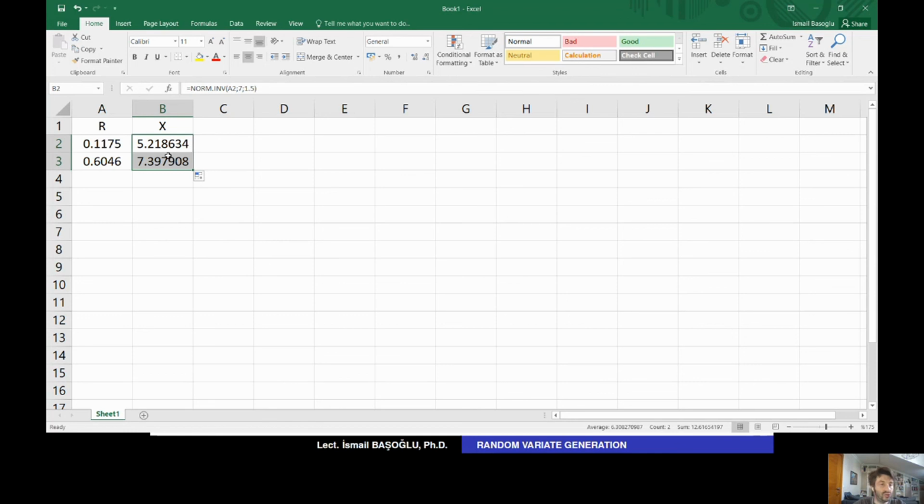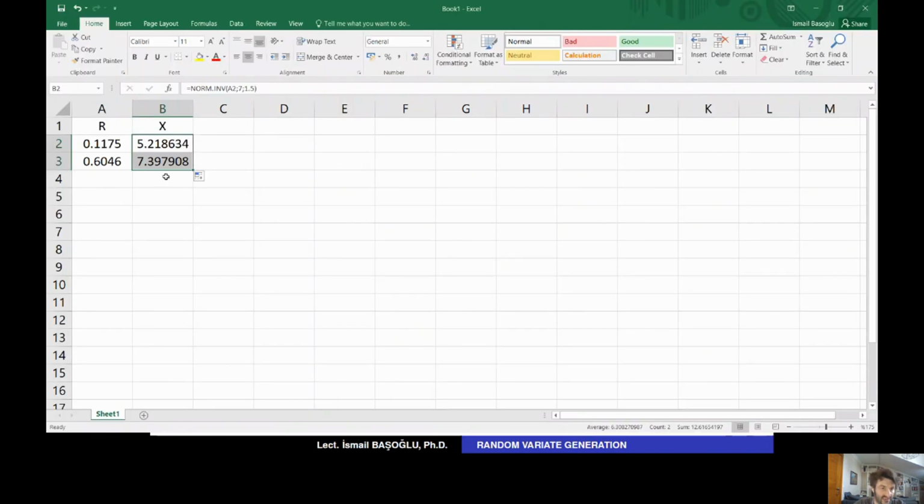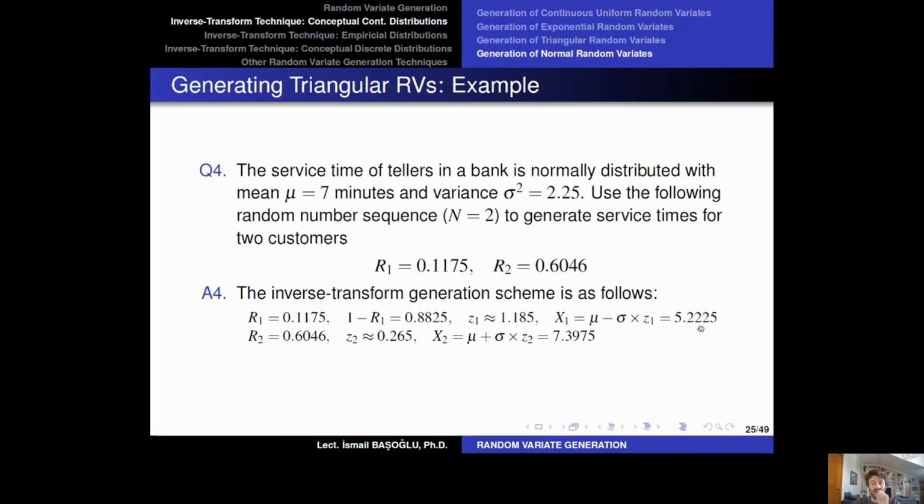Now you see these two values, 5.22 and 5.39, which are very close to our results in the presentation. Now you see why we have the exact 5.218 here, but we have a different result here, because we have made an approximation error here. What I have told you was we should use 1.1875 instead of 1.185.